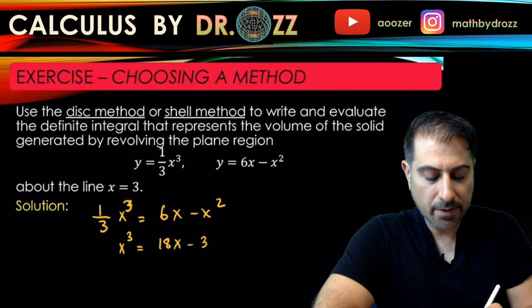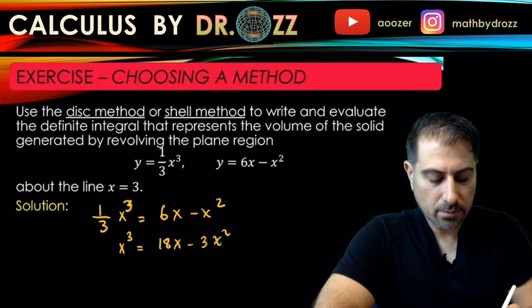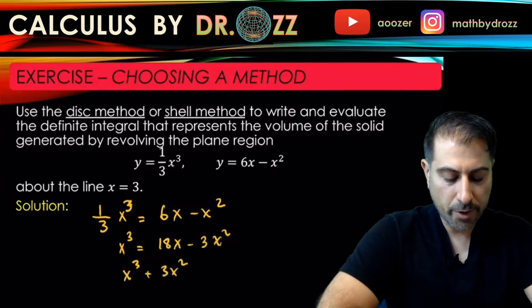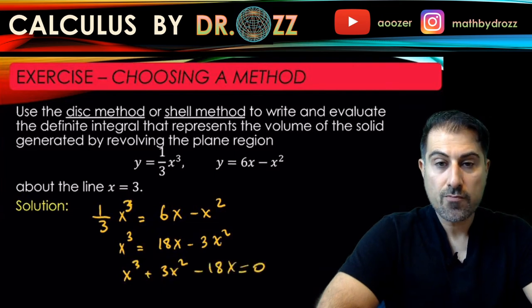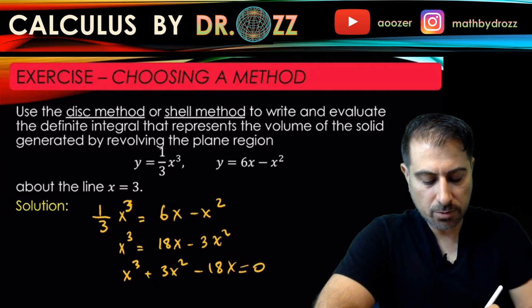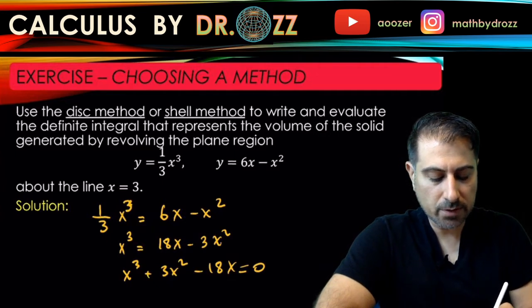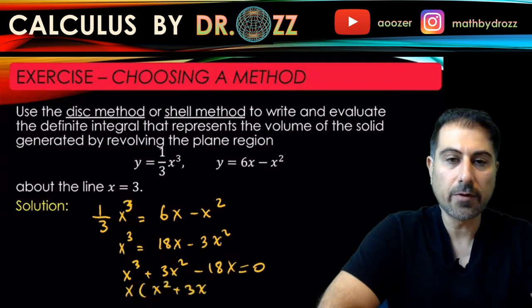Simplifying this gives you a cubic equation, but you can factor x out. So this should be x times (x squared plus 3x minus 18) equals 0.